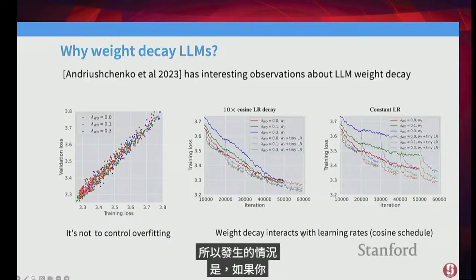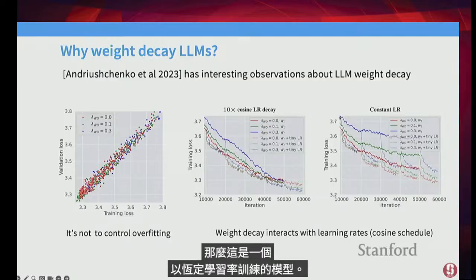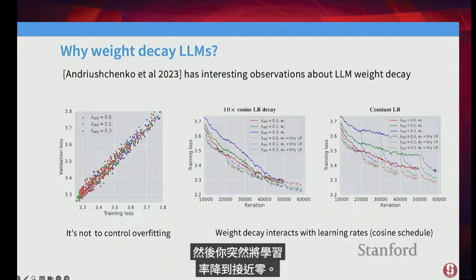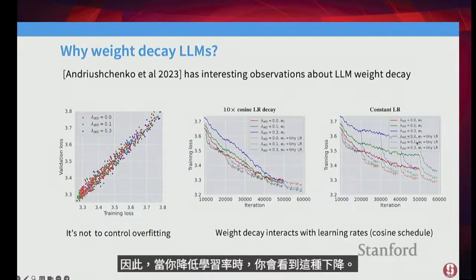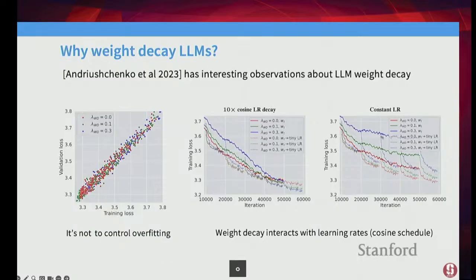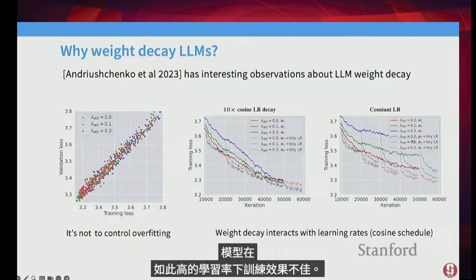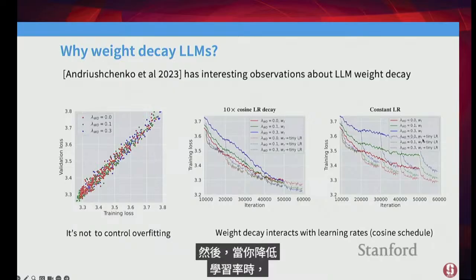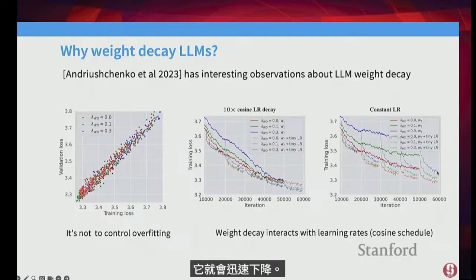What's happening is that if you look at a model trained with a constant learning rate, and then you suddenly decrease the learning rate to near zero, you see a drop-off as you decrease the learning rate. Then let's look at different amounts of weight decay. With weight decay, the model's not training very well at this high learning rate, and then when you decrease the learning rate, it very rapidly drops off.